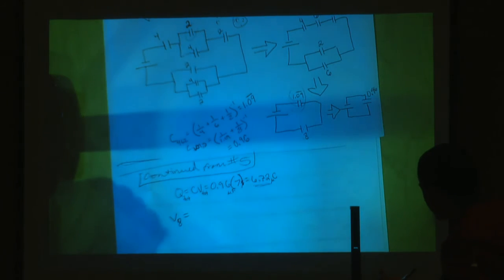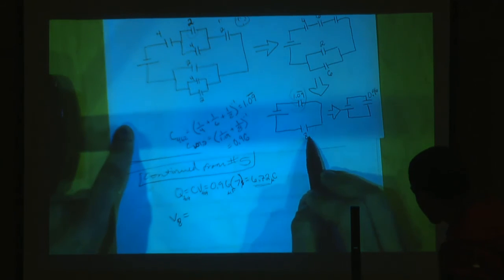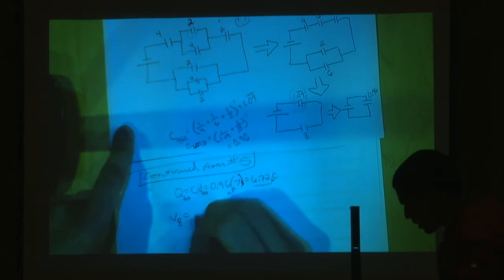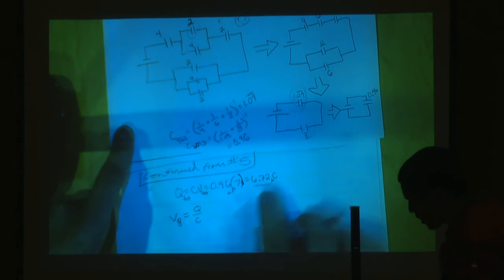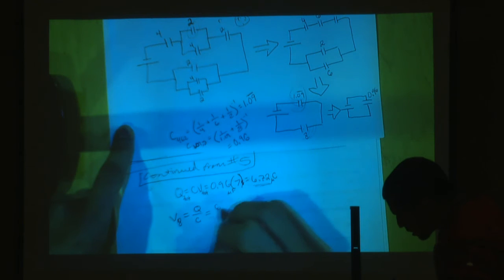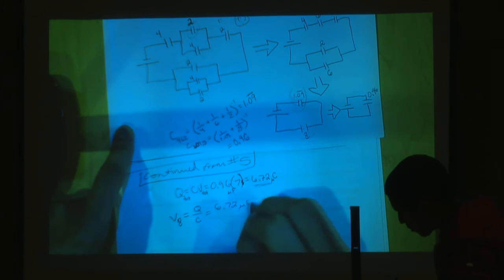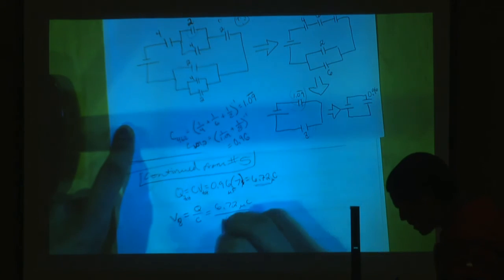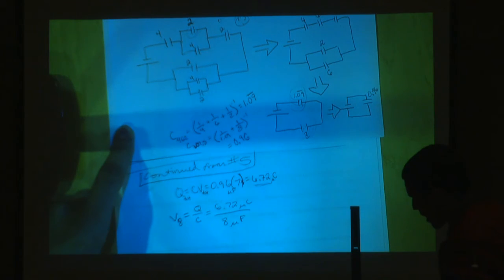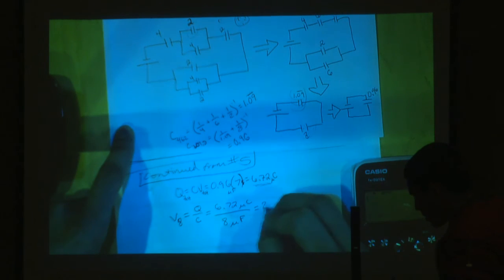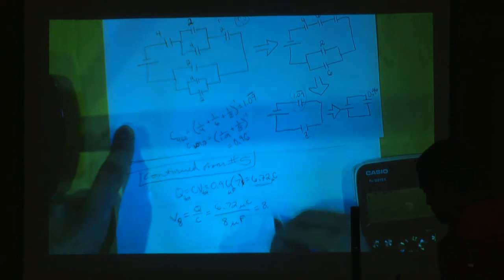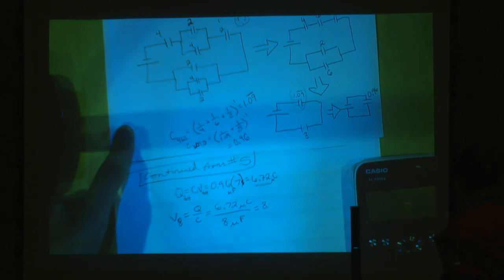Yeah, continuing on. We have V8 is equal to Q over C. Okay, and we determined Q to be 6.72 microcoulombs, and the capacitance is 8 microfarads. Thus we get 8 point what? To the -7. Are you sure?